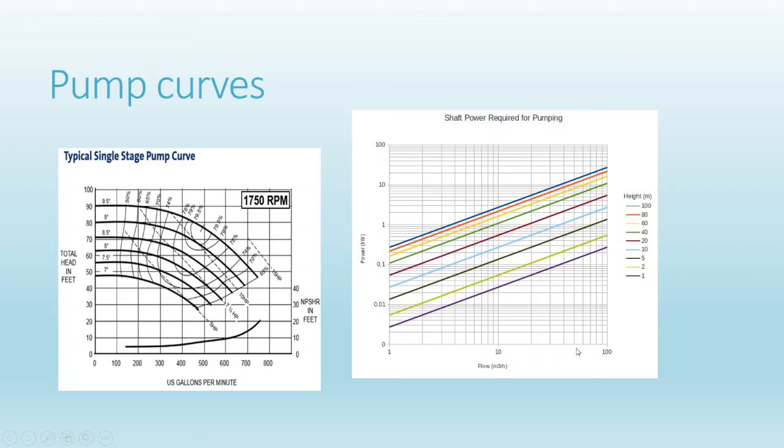If the flow is increased to 100, the power required will be between 0.1 and 1. So it is a graph combining three things: power, flow and height. From this we can get the power required: with the flow and the height we select, we can directly get the power. In the first curve we are getting the impeller size. In this one we are getting the power required for the motor.